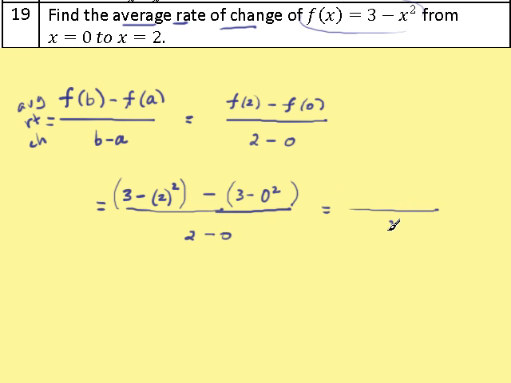All right, so in the denominator we just have 2. And here I'll just write on top what we have. We have 3 minus 4. So that's minus 1. And this is just 3 over here. Minus 1 subtract 3. So we have minus 4 over 2, which is negative 2. So that's the average rate of change. The average rate of change is negative 2.